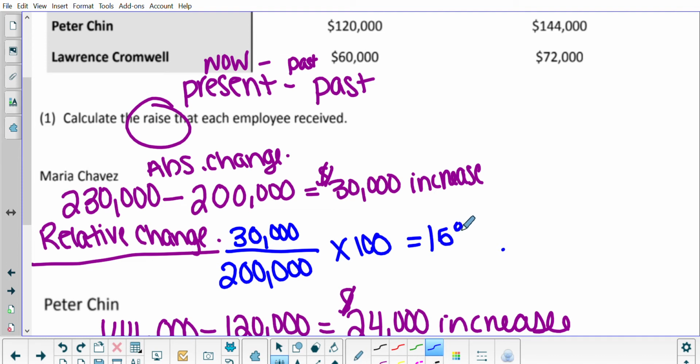So she had a 15% increase. So from 2020 to 2021, she increased by 15%. Okay? So can you guys find the relative change for Peter? And then I want you guys to find the relative change for Lawrence.